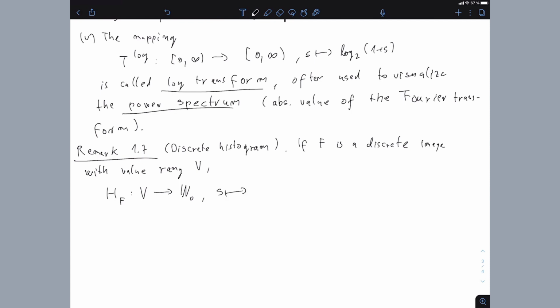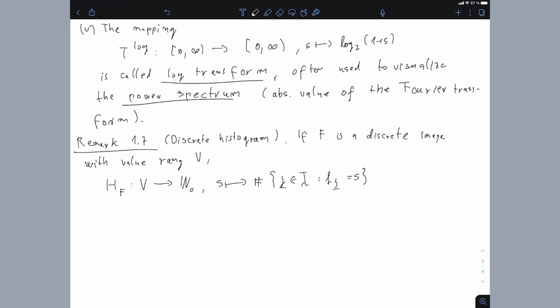We map a value S to the amount of times we get that value in the image. For every value, we check whether every pixel has that value and count all the indices. It's really just counting the occurrences. That's also not how you would compute it, but this is how you would define it. It would be extremely inefficient to count for every value S and then count for the next value again. But this is a very convenient way to define what the histogram is.